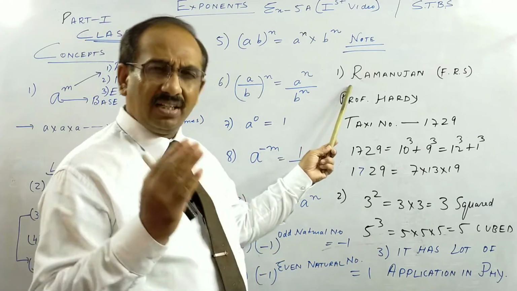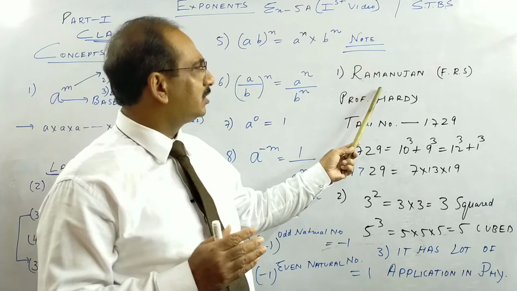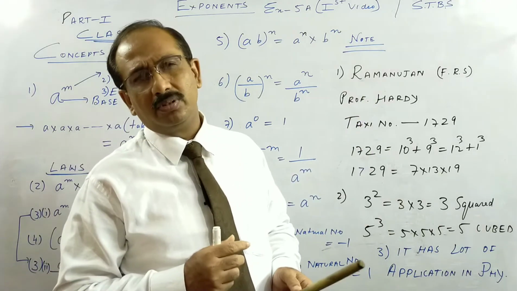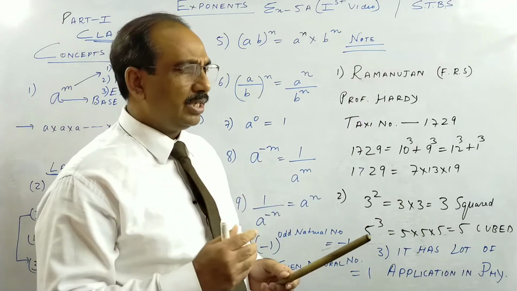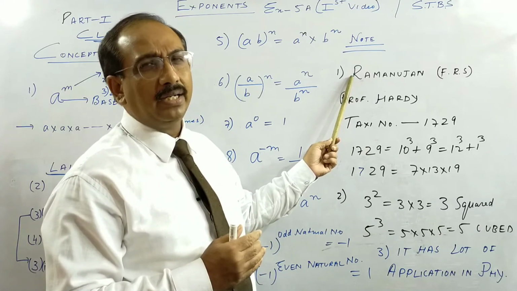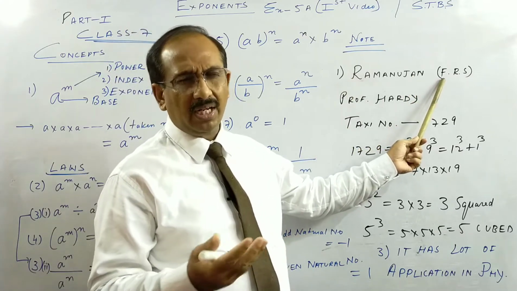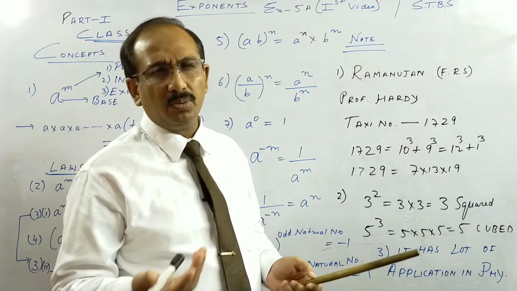One of the greatest Indian mathematicians ever born was Srinivasa Ramanujan. Somewhere he was born in the close of the 19th century. At the age of 31, he got the title of Fellowship of the Royal Society, FRS. I think he died when he was 32 or 33.